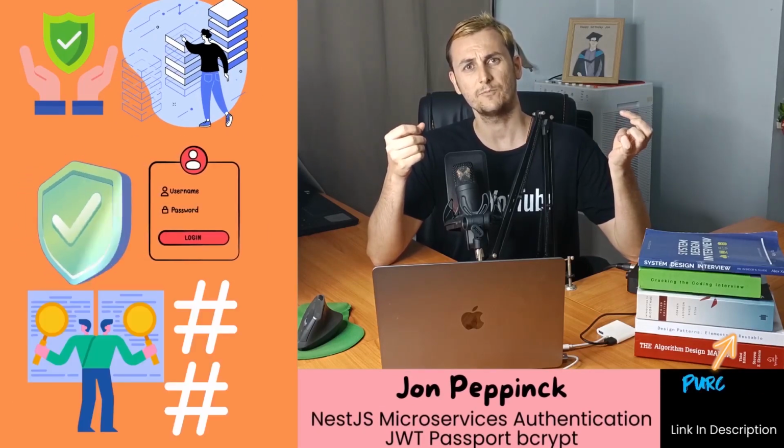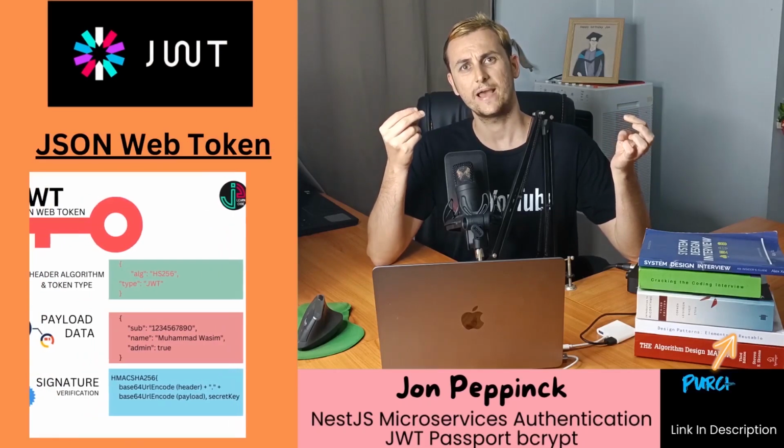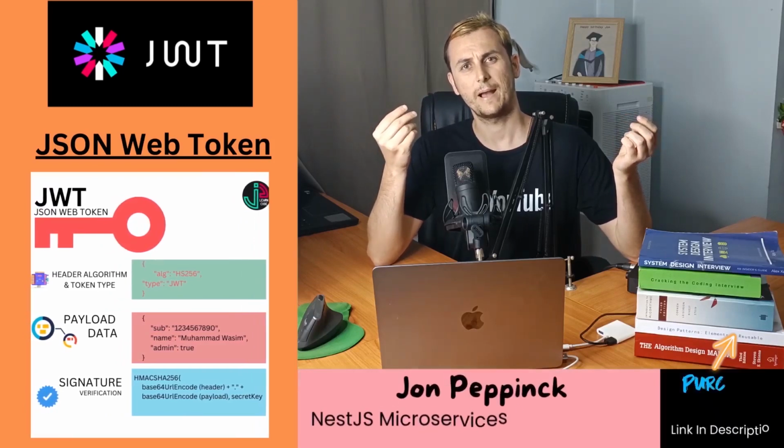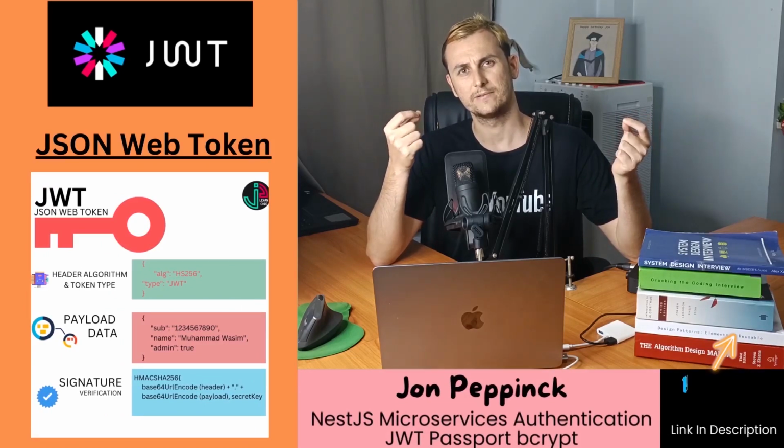When we log in, we can compare the hash, and then we can create a JSON web token. The JSON web token is a way we can secure our application. We can authenticate our application, and we can use guards to protect our routes.